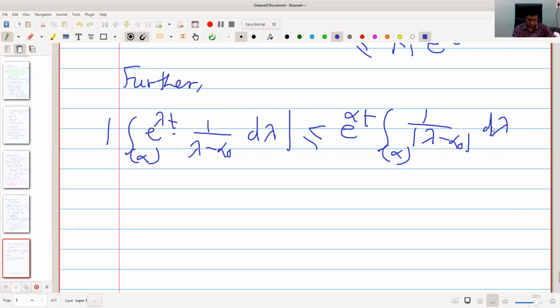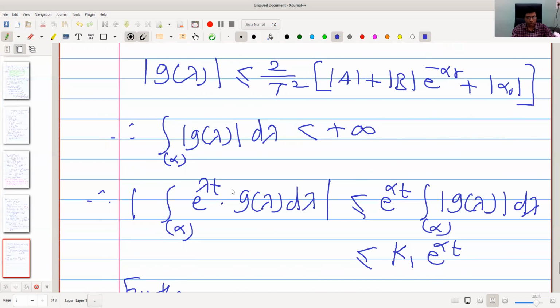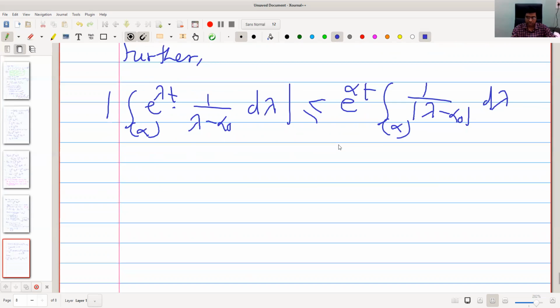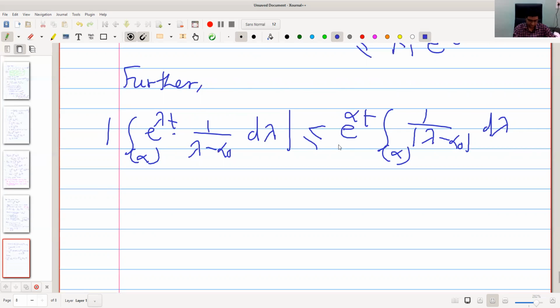Now 1 upon mod of lambda minus alpha 0 is less equal 1 upon capital T. So this is less equal e raised to alpha t into this 1 upon capital T d lambda.